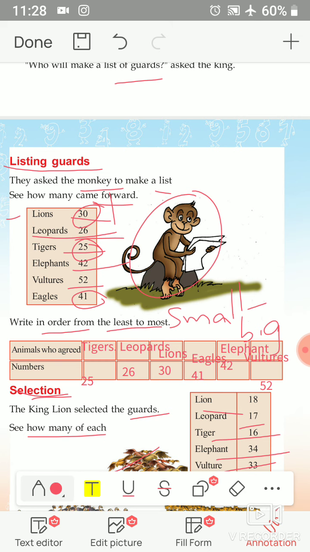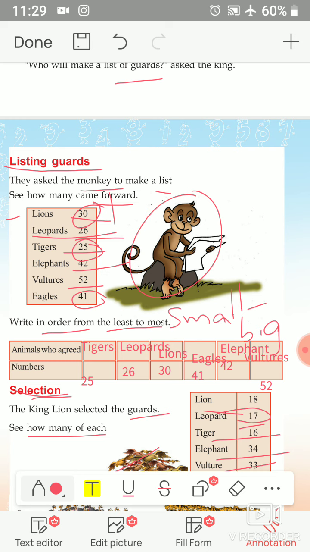And how many are selected? 17 leopards are selected. Then how many leopards are left? How many leopards are remaining? Then what will we do to find how many are left? Yes, subtract. Total number minus how many leopards are selected.